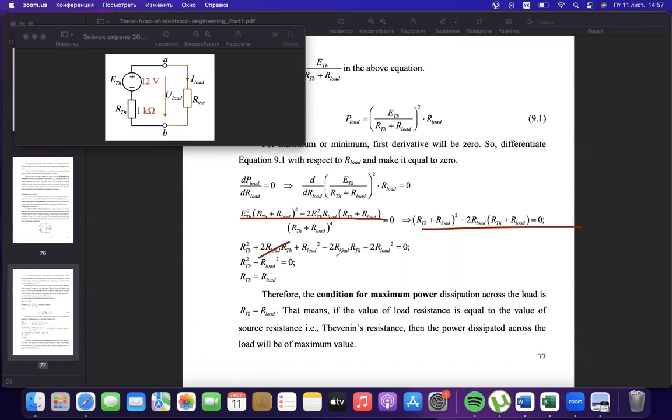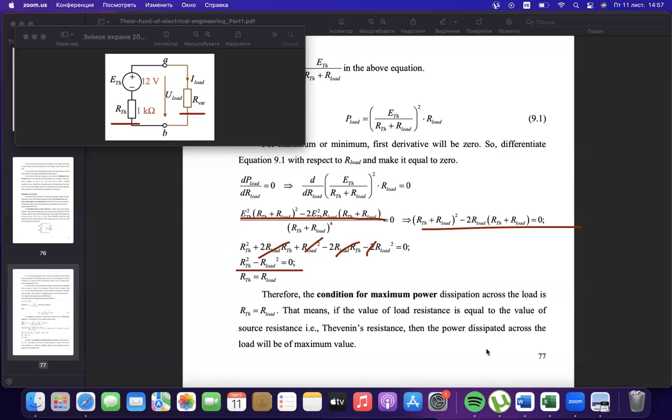As we see, these two parts are equal and disappear, and we have r load square with plus 2r load square with minus. They also will be taken in difference, and the result is that r square of generator minus r square of load should equal 0.